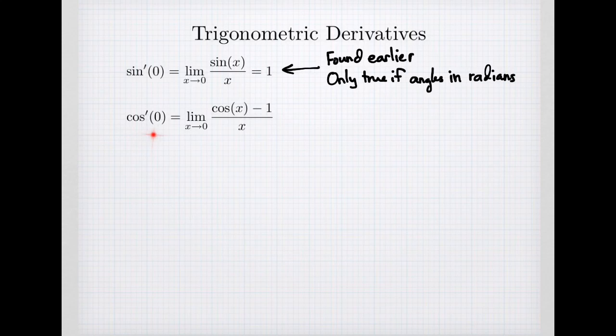But we haven't ever calculated this formula for the cosine. And one of the things that's useful to notice is that we're actually calculating the slope of these functions at 0. We can get a little bit of intuition if we think about our unit circle. So let's draw a quick unit circle here. If I am at 0, my angle is at 0, notice that my cosine is at a maximum.